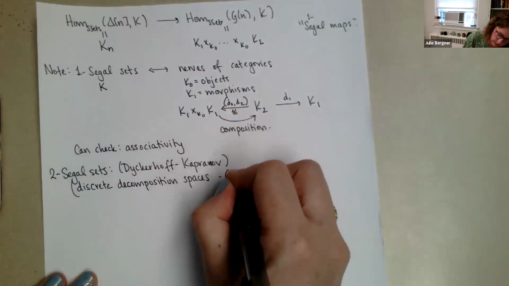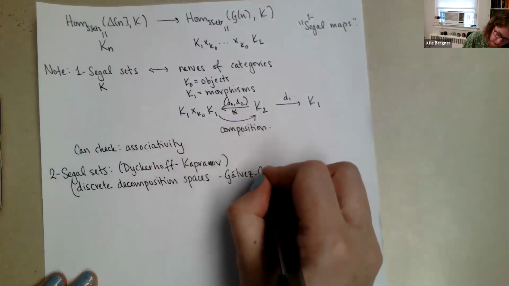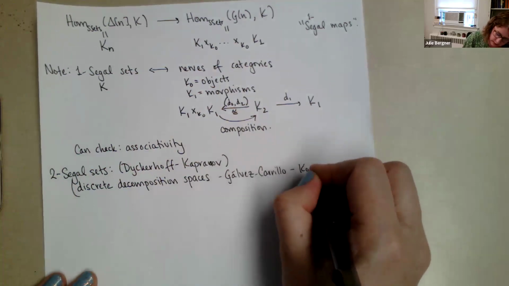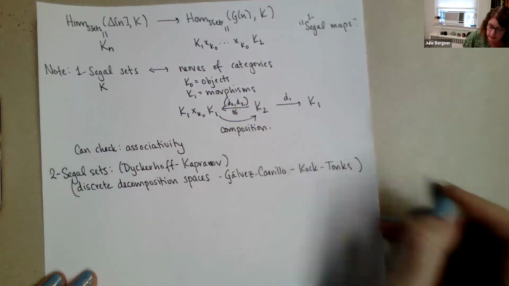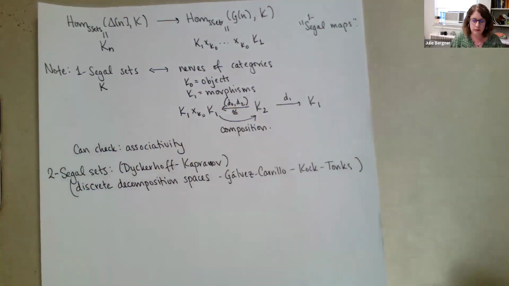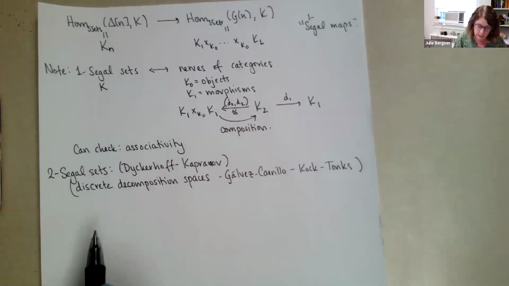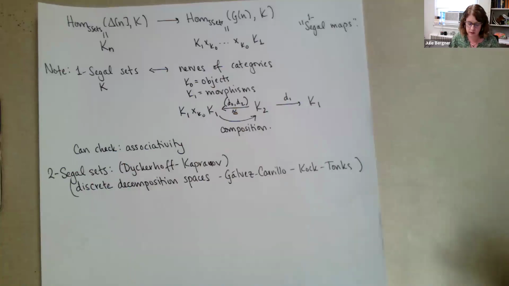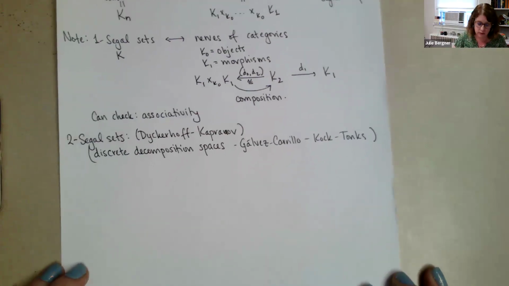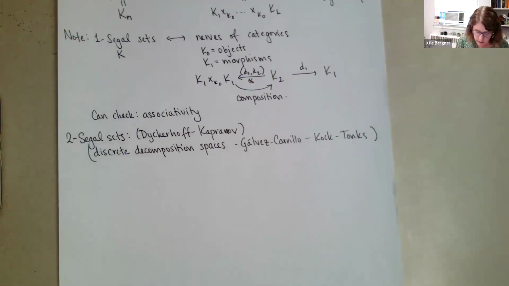And this was due to Gálvez-Carrillo, Kock, and Tonks. So this is one of those cases where the same notion came up at right about the same time from two different perspectives. So I'm going to give you the definition of Dyckerhoff and Kapranov. I'm going to take their approach. The definition the others gave is just a little bit different, but they end up being equivalent to each other. Maybe at some point I'll come back and say a little bit about their point of view, depending on how things go, but not today.